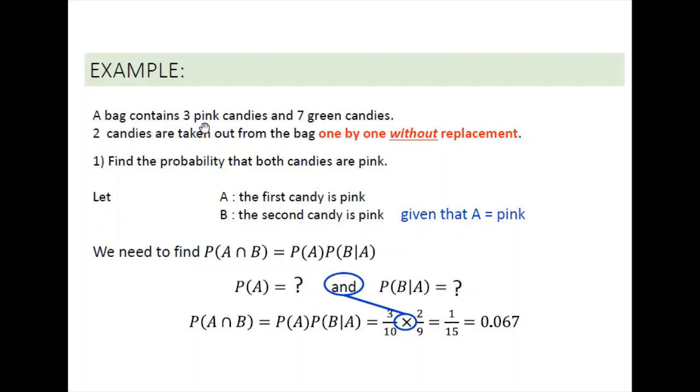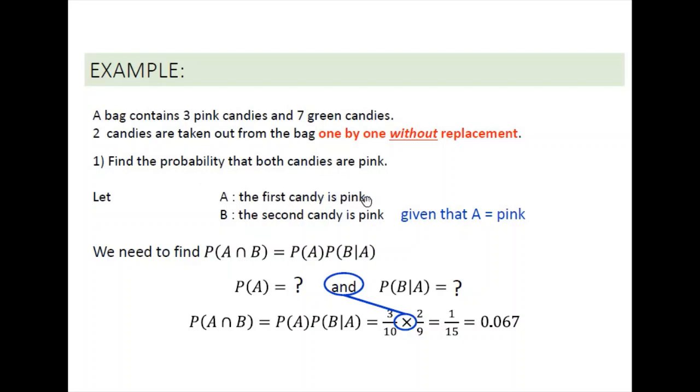So for example, if you take one pink out, then for the second try, there are 2 pink in the bag.